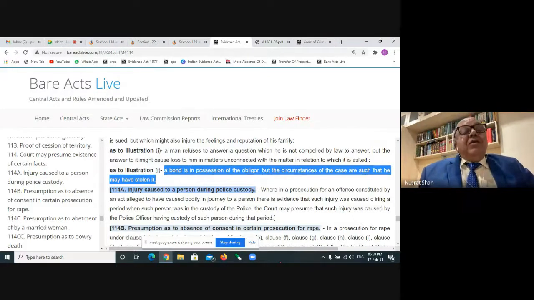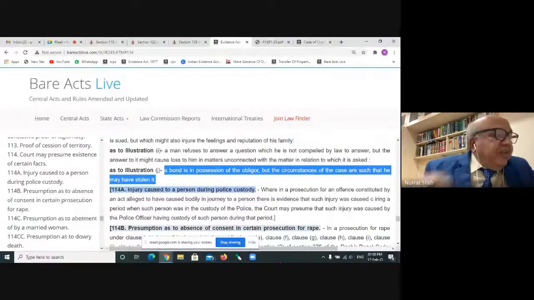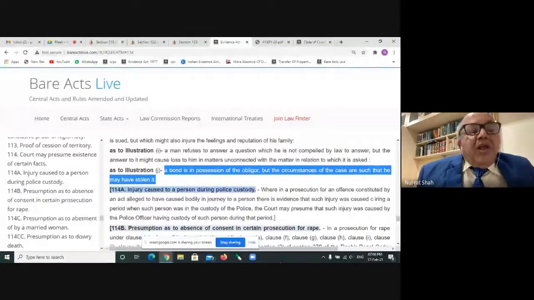So the court cannot draw an inference that the promissory note has come back to the person who took the loan, that is me, and the court should not draw the inference that the loan is discharged. You may lead evidence that the document has been stolen, that immediately I lodged an FIR at the police station. You may prove that.